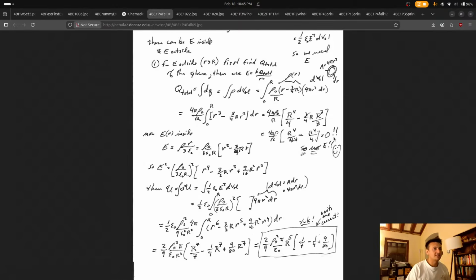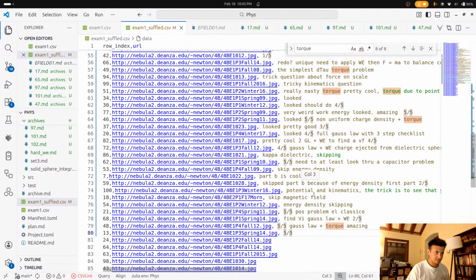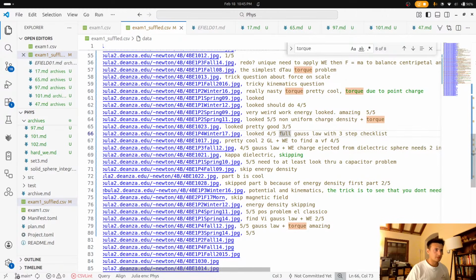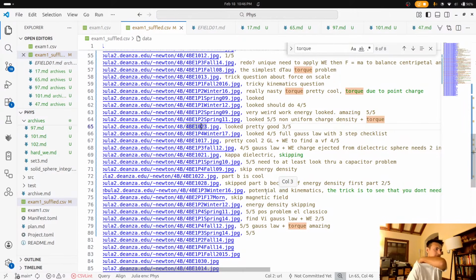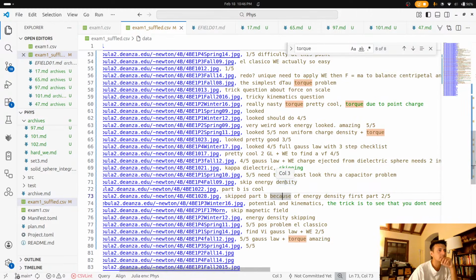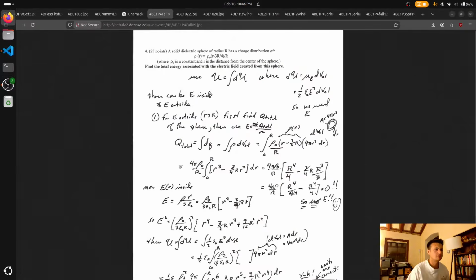It's that one about prove that the E field is, which is the one where we prove with vectors.